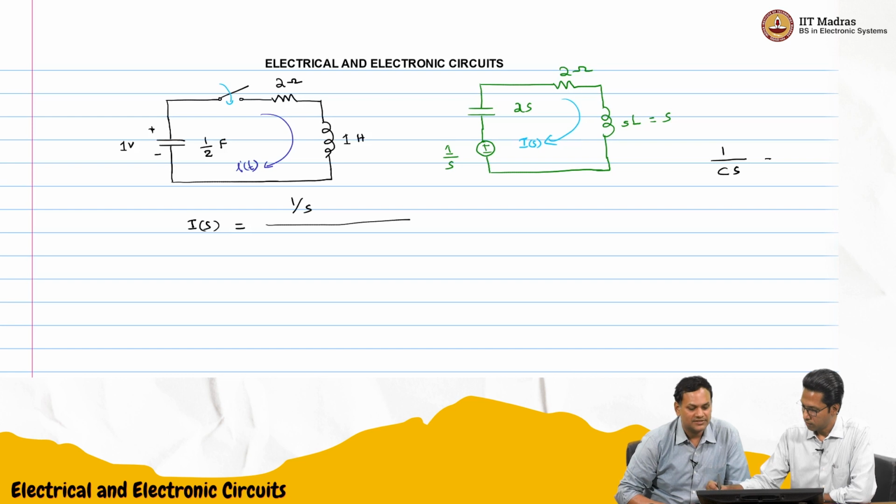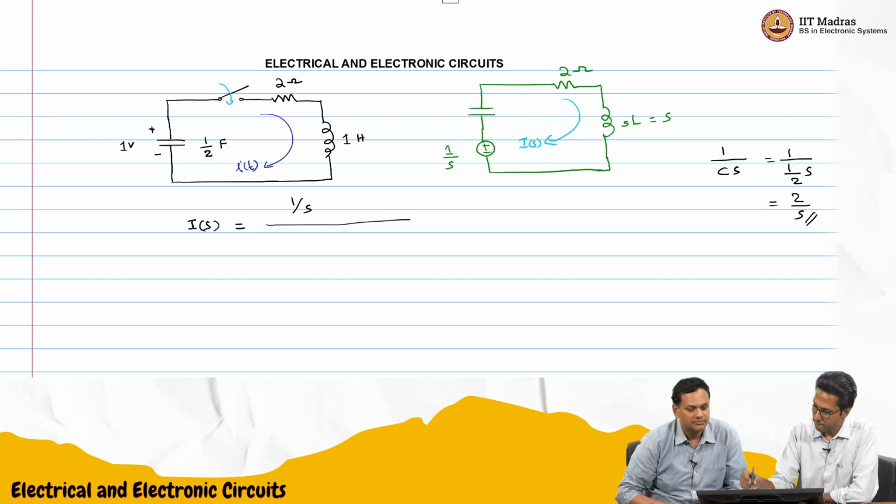So, it will be 2 by S. Correct. So this is 2 plus 2 by S plus S.